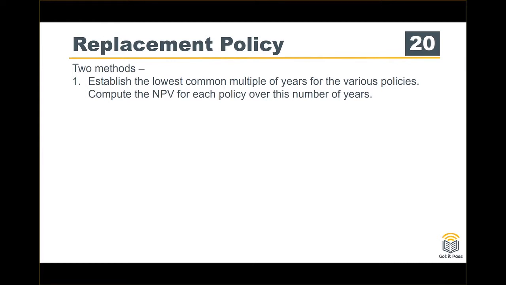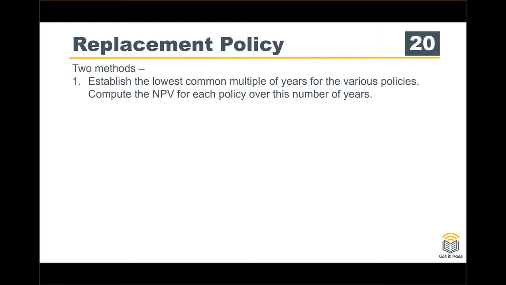We have two methods to share. The first method is the traditional, conservative method. Establish the lowest common multiple of years of the various policies. Compute the NPV for each policy over this number of years.